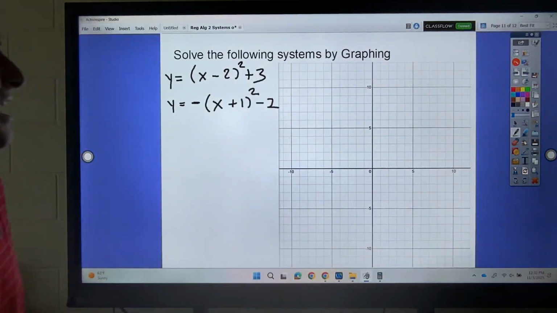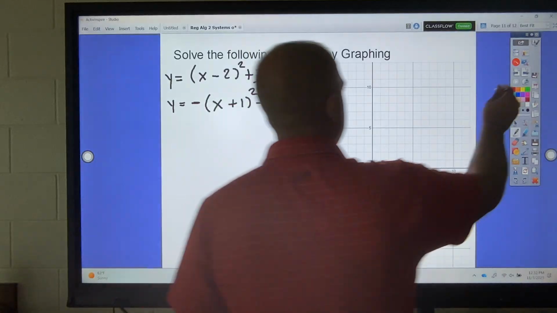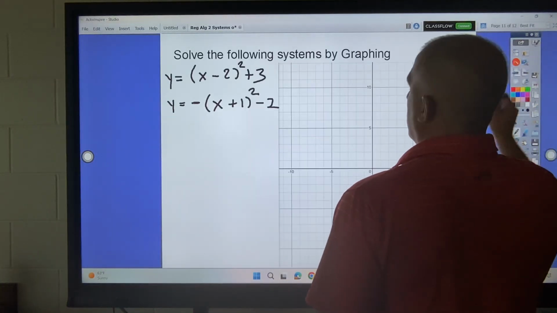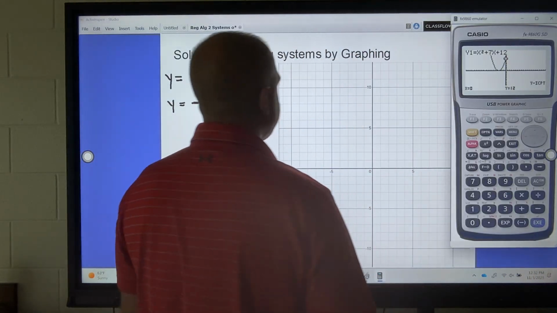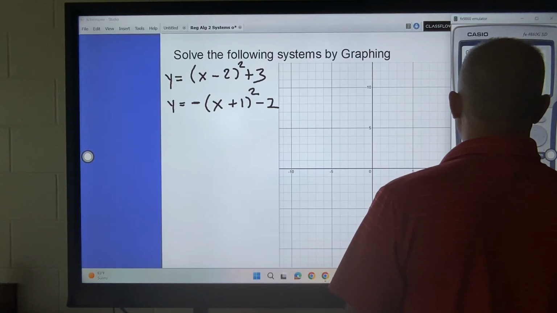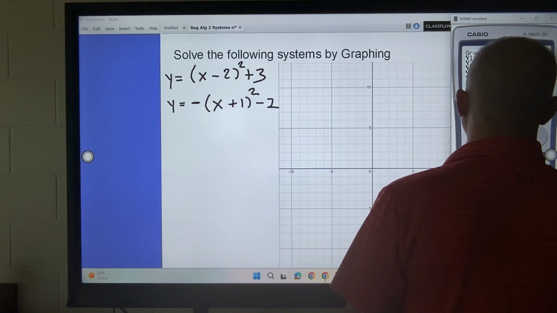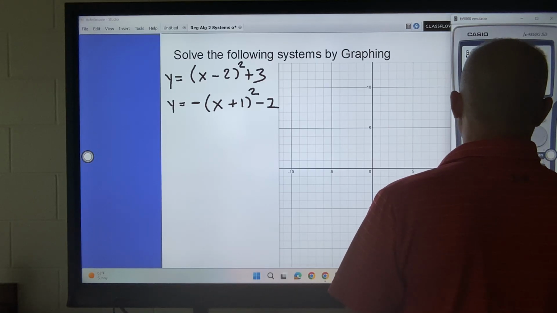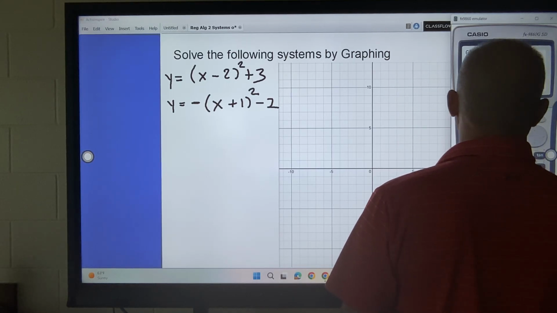All right, I think this is the last one. Let me just double check. Yep. Okay, so what I'm going to do here is put a graph in, x minus 2 squared plus 3. Okay, and then I got negative x plus 1 squared. Whoops. X plus 1 squared minus 2.